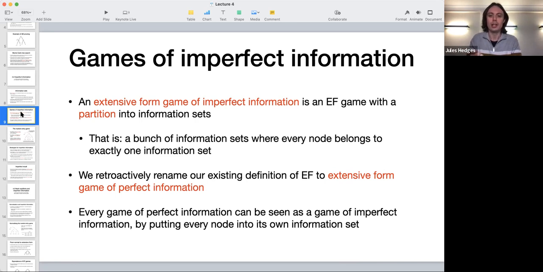And you can encode an extensive form game of perfect information as a general extensive form game with information sets by saying that every node belongs to its own information set. So we have as many information sets as there are nodes, and every information set has only one node in it. That means that when a player is in that node, they know exactly where they are, because they know they're in some node in that information set, but there is only one, so they know that they're in that node.